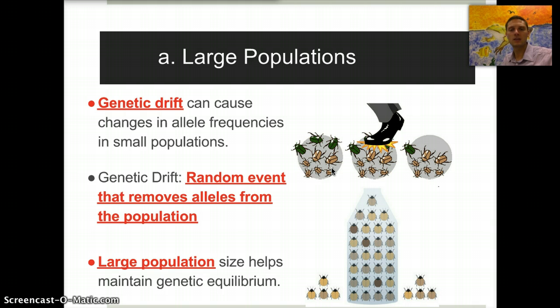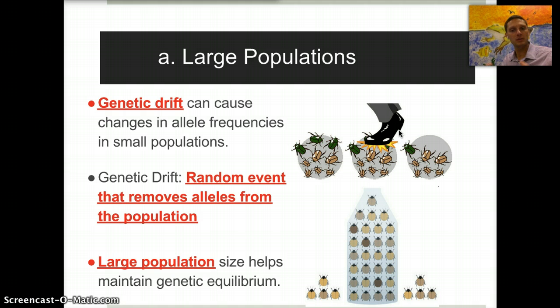And something occurs, a random event that removes some alleles from the population. This is called genetic drift. Somebody comes along and steps on some of these beetles, and it happens to be mostly the green beetles. This random event is going to remove those green alleles from the population.